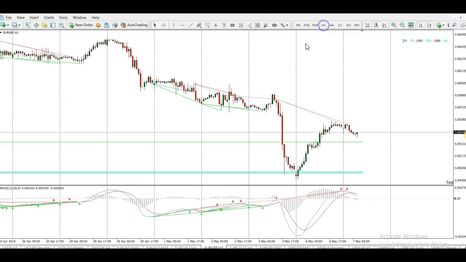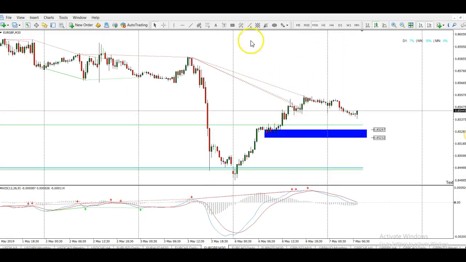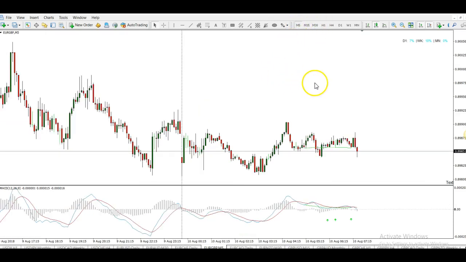If you want to try and get in on this move, look for pullbacks and zones on lower time frames. So the 1 hour, 30-minute, look for zones. You can see we had a nice 30-minute zone here. And it's started reacting well now, probably with a 5-minute signal.